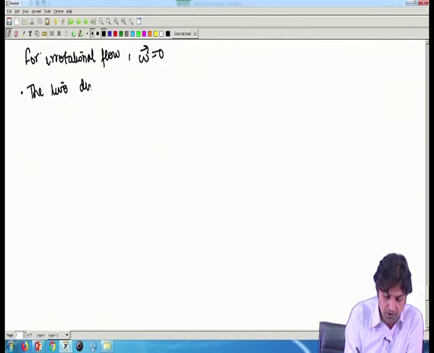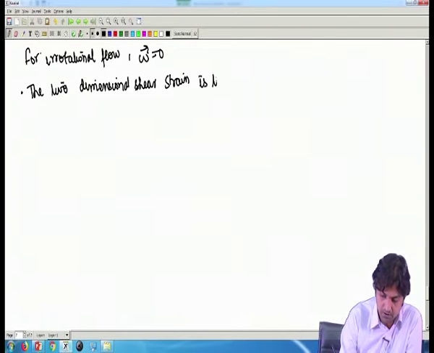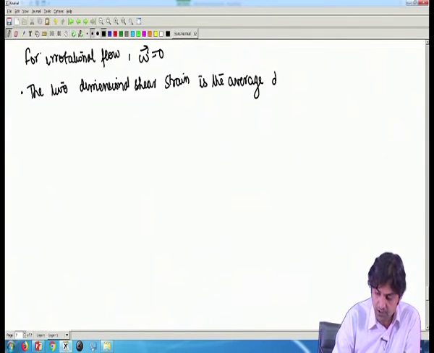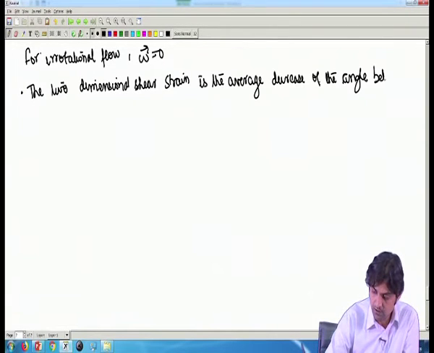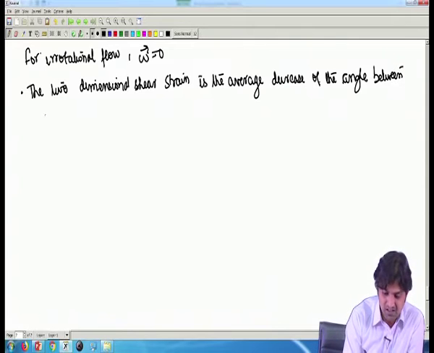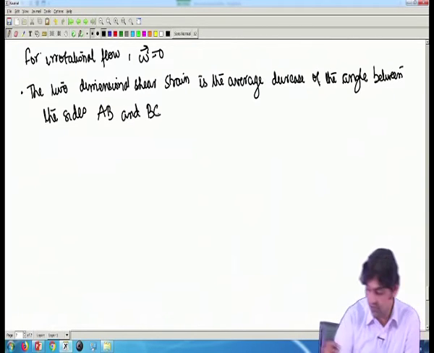the 2-dimensional shear strain is the average decrease of the angle between the sides AB and BC in this figure.